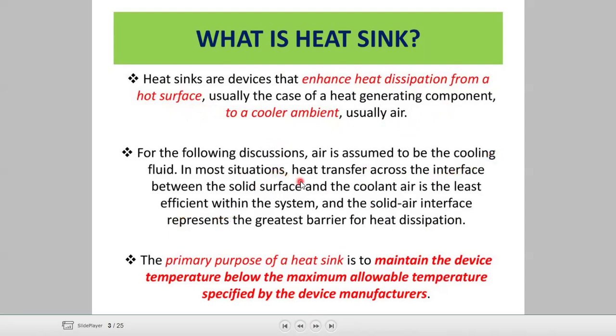In most situations, heat transfer across the interface between the solid surface and the coolant air is the least efficient within the system. And the solid air interface represents the greatest barrier of heat dissipation. So here the main fluid and main interface is the air only. The solid air interface is also one of the most important barriers for heat dissipation.